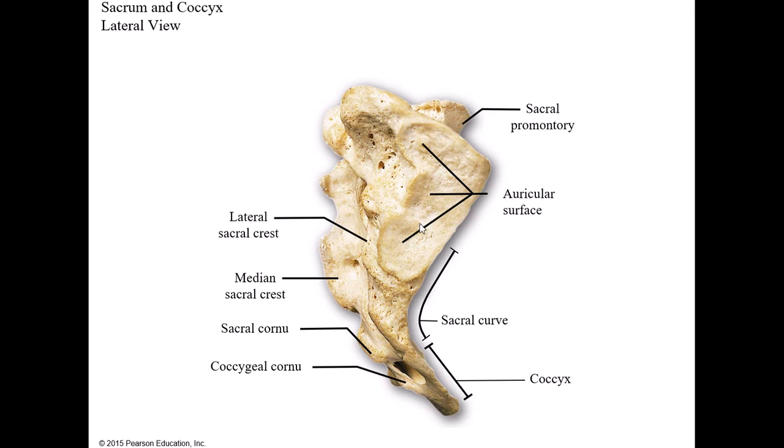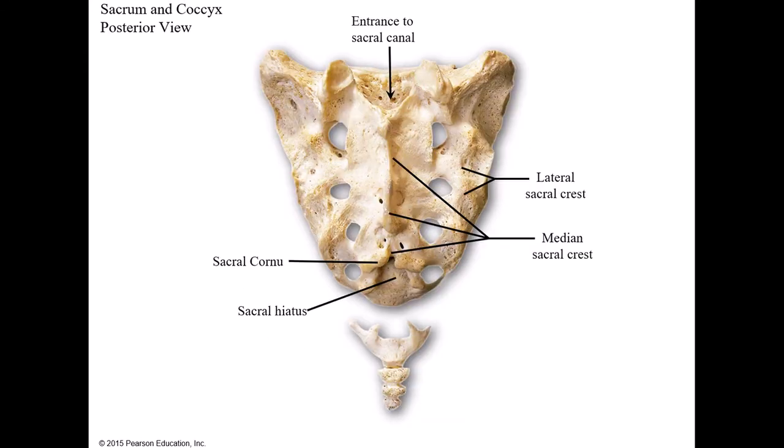This is the part that articulates with the ilium, part of our hip bone, to form the sacroiliac joint. So this articulates with the right ilium, and on the other side there's another auricular surface that articulates with the left ilium. We don't really see them, but they would be on the side here. So there would be one hip bone over here, running over here, and then another hip bone over here.